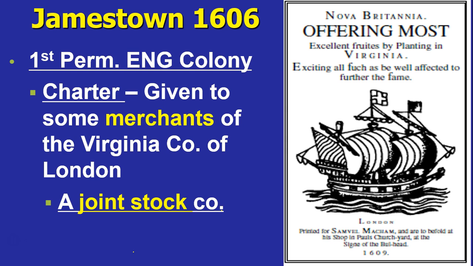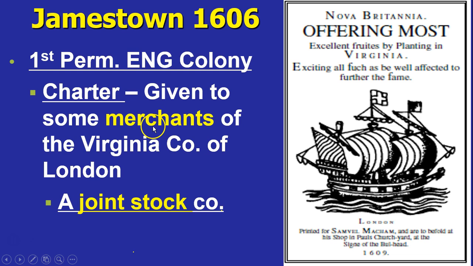Some merchants are given a charter, giving them legal right to settle in this place called Virginia. Large region, covers many states that we know of today, as I mentioned, South Carolina and North Carolina. And what these merchants set up is something called a joint stock company.